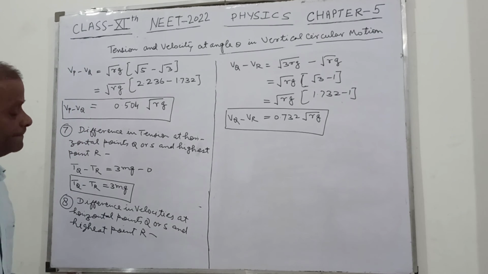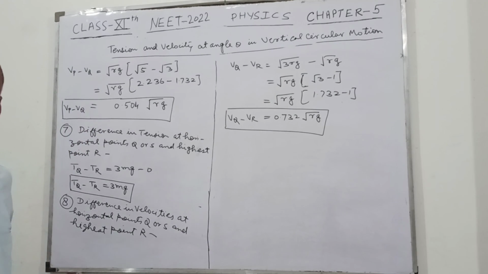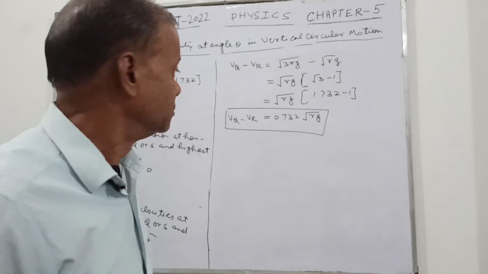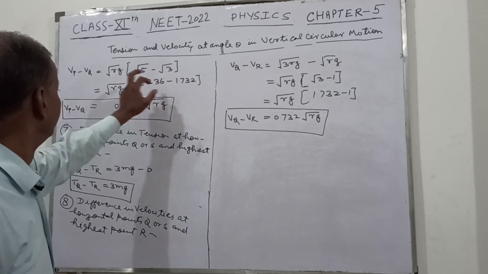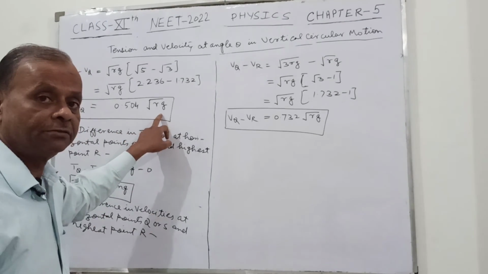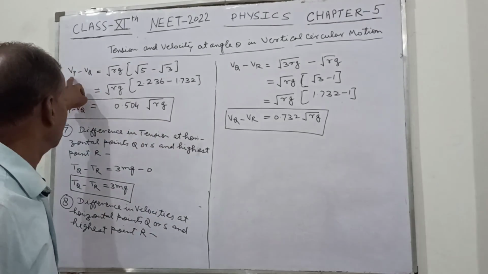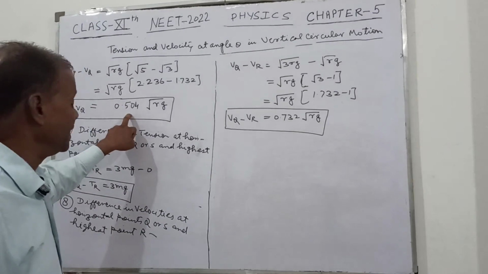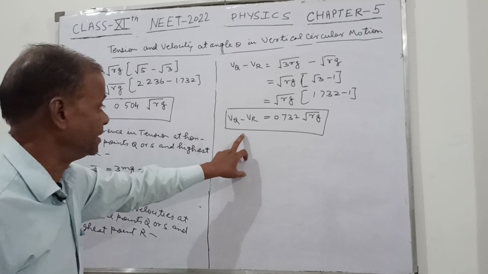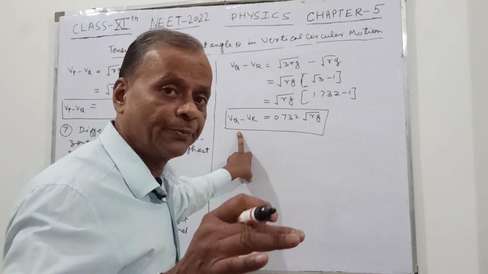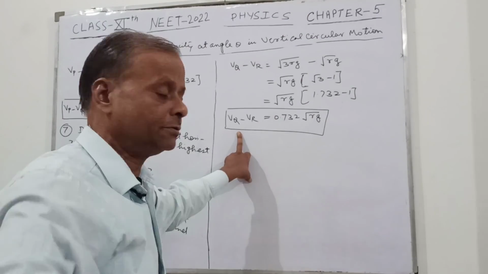So what you see is that the difference in velocities at the lowest point and the horizontal point is less than the difference in velocities at the horizontal point and the highest point.